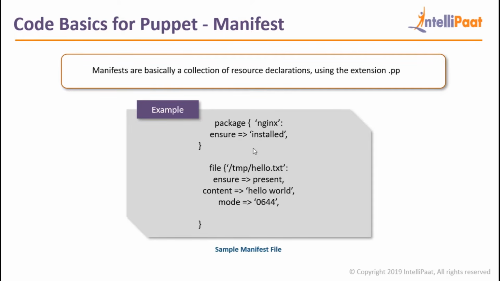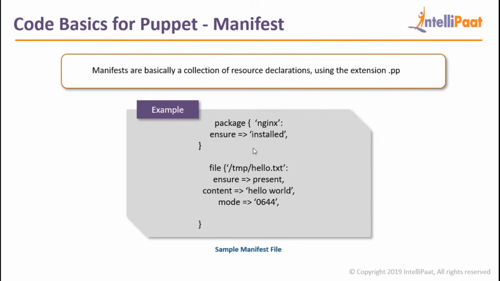Manifests are nothing but a combination, they group resources together, and they are defined inside one file, and that file is called the manifest file. The manifest file can have multiple resources inside it, and once a manifest file is applied on an agent or on a slave, all those resources are installed one by one.